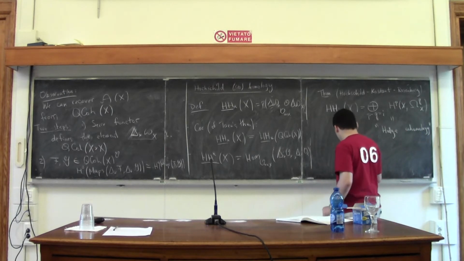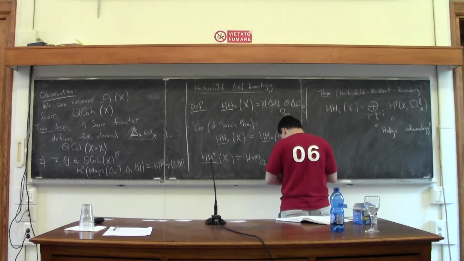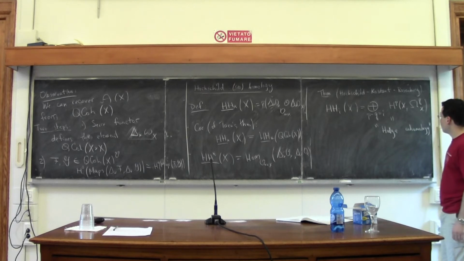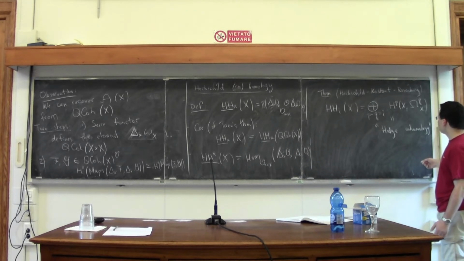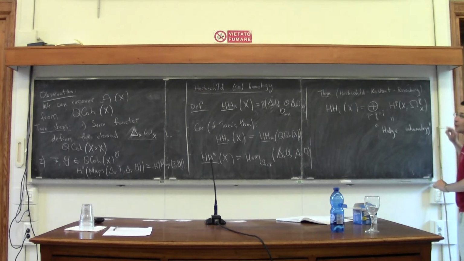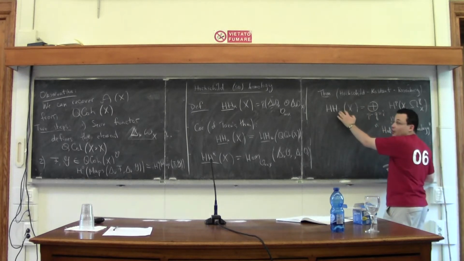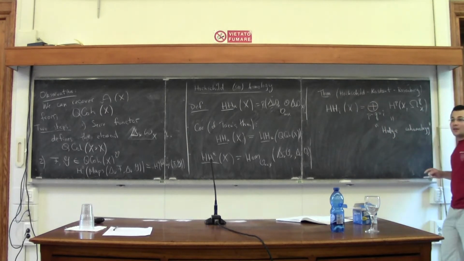So, another fact about Hochschild homology. How do you see the Hodge filtration from the Hochschild homology? I'm sorry, we haven't quite recovered it yet, but you can, if there was a bigrading here. Yeah, you need the bigrading.